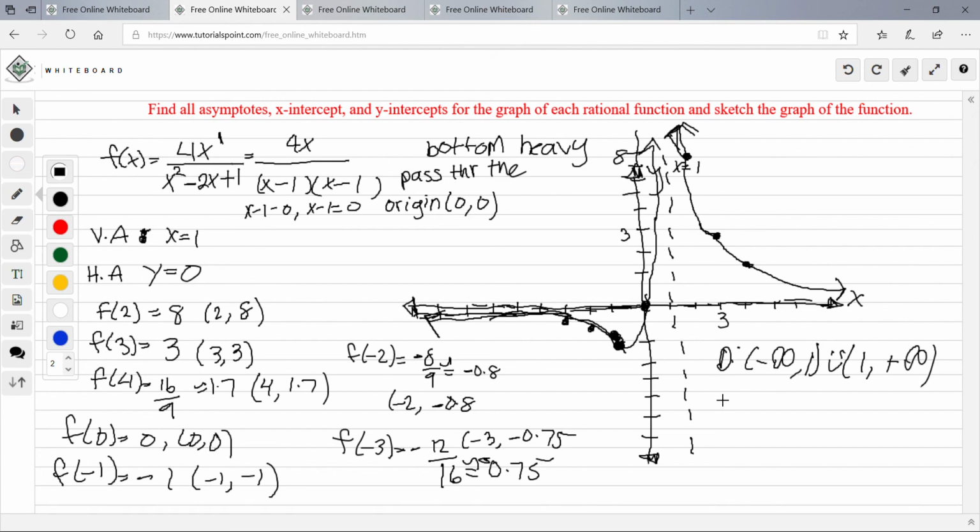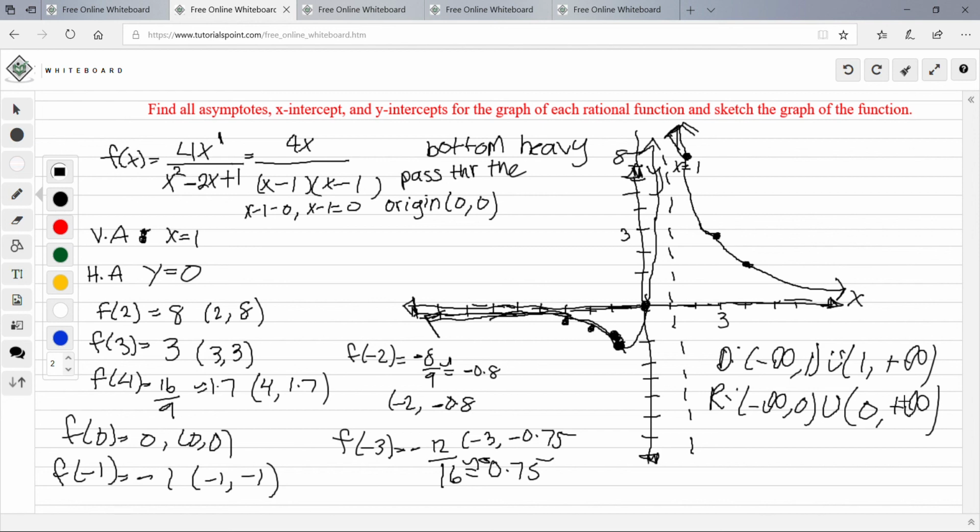And then our range is from negative infinity to 0, because that's our HA. Our HA is 0, so it's going to be parentheses, because it gets really close to 0 but never touches it. Union 0 to positive infinity. And yeah, that's how you graph these rational functions.